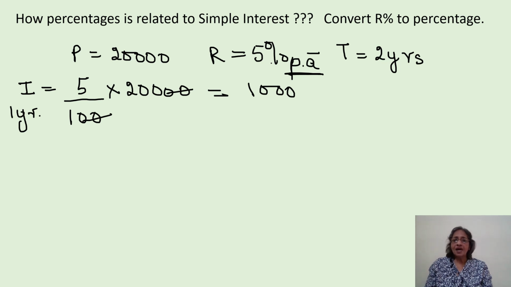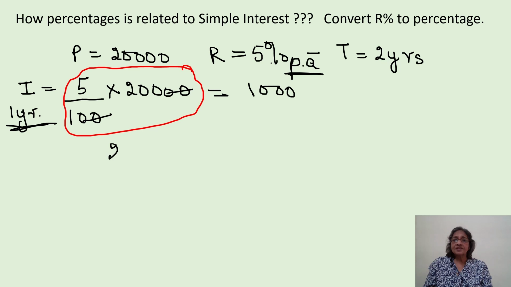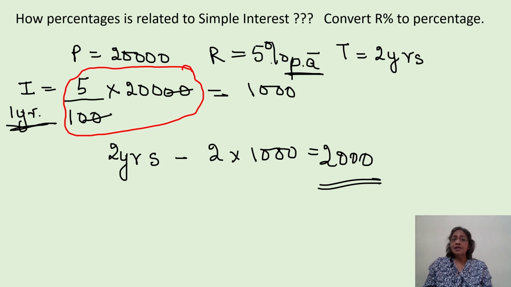So what we have done is basically nothing but just converted that rate percent into a value. Now this interest, what you get is only for 1 year. And we are given the time period of 2 years. So for 2 years, the interest will be 2,000, and that is what we got earlier.